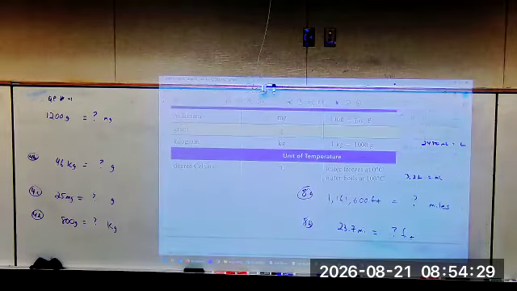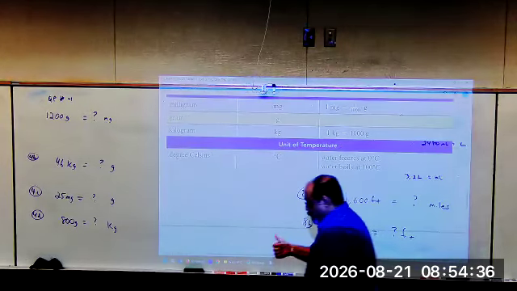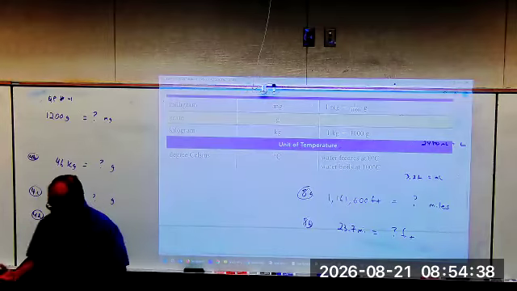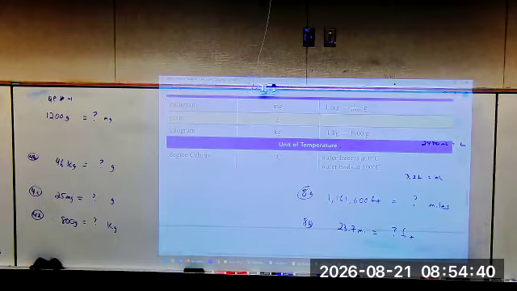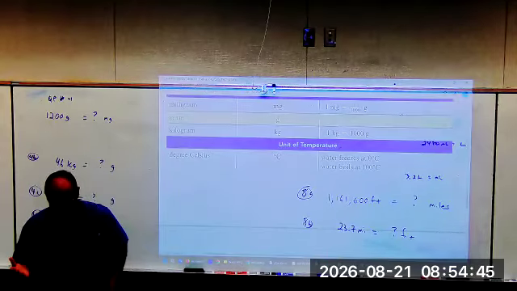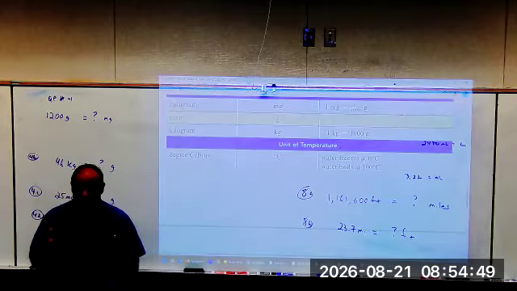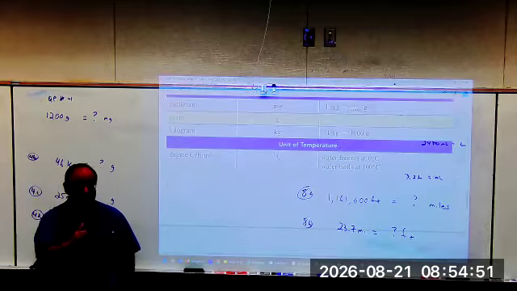Converting metric is as easy as multiplying by powers of 10. Multiply by 10, 100, 1,000, 10,000, 100,000, million, 10 million, whatever. Divide by 10, divide by 100, divide by 1,000. It just depends upon where you are and where you want to be.